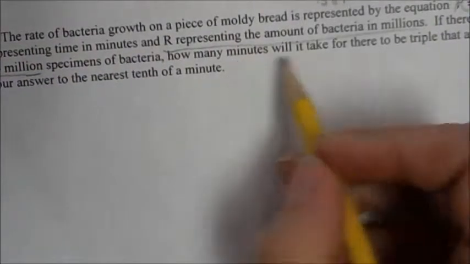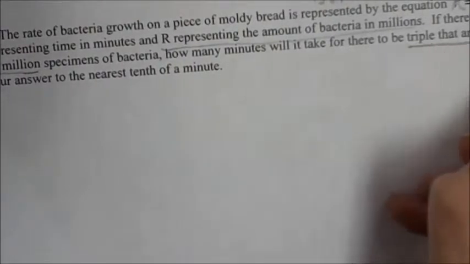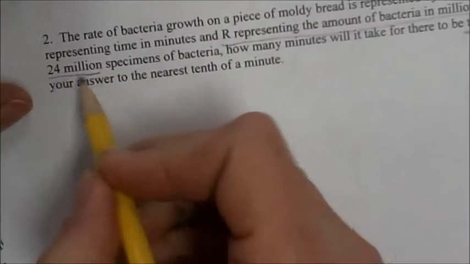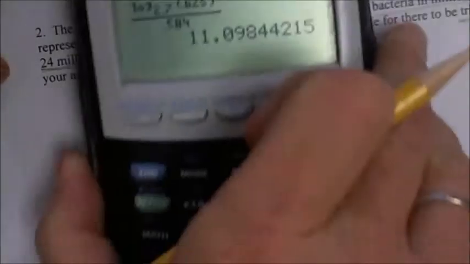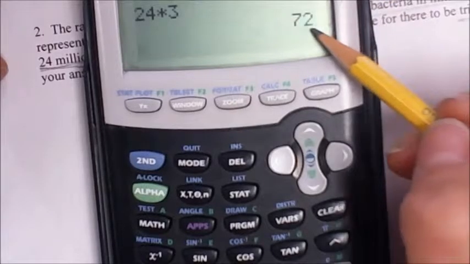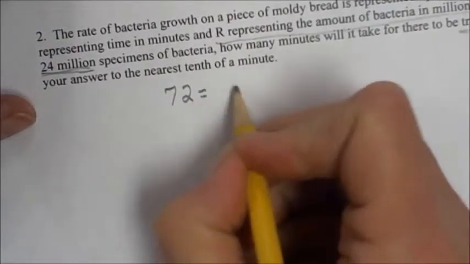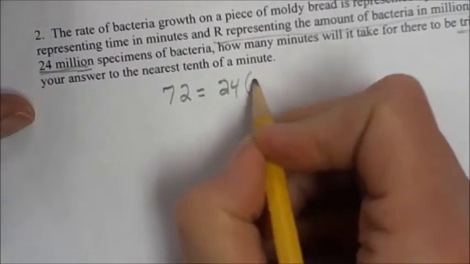So how many minutes will it take for there to be triple that amount. Triple that amount, 24 million tripled. Everything is in millions, so it's just 24 times 3. Triple that amount is 72 million. But you just put a 72 in because everything is done in millions in this problem.